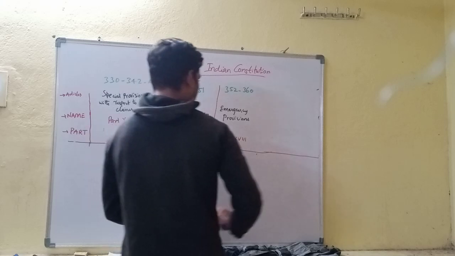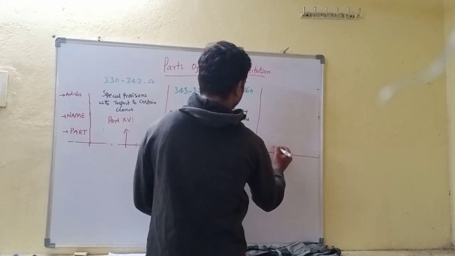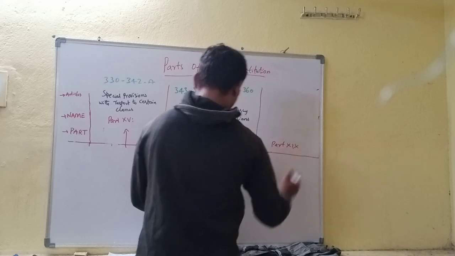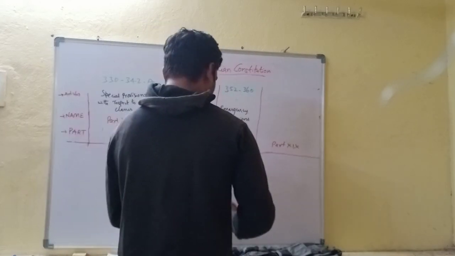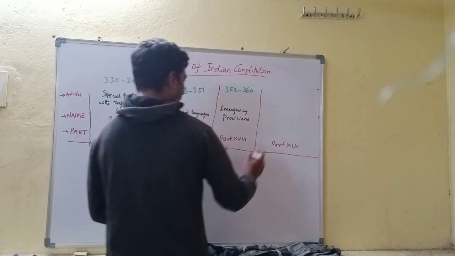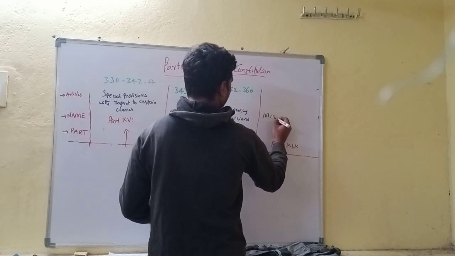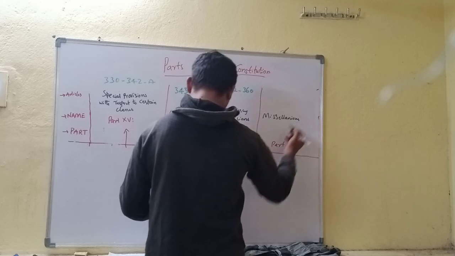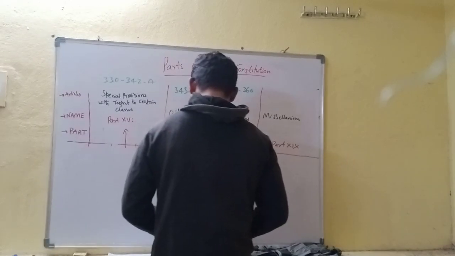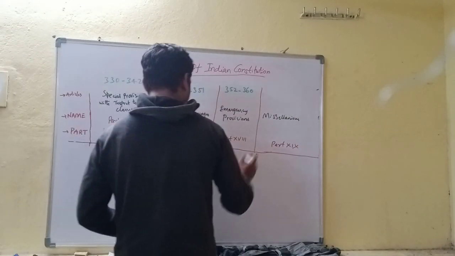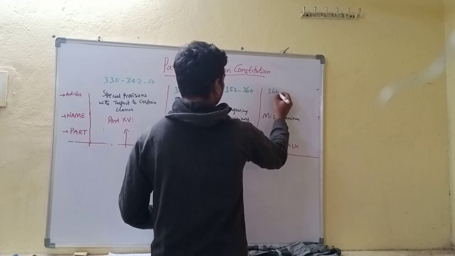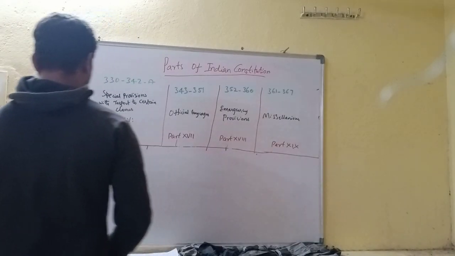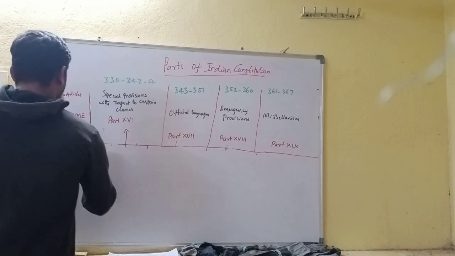Next, Part 19. Part 19 is about miscellaneous. Articles 361 to 367. Next, Part 20.